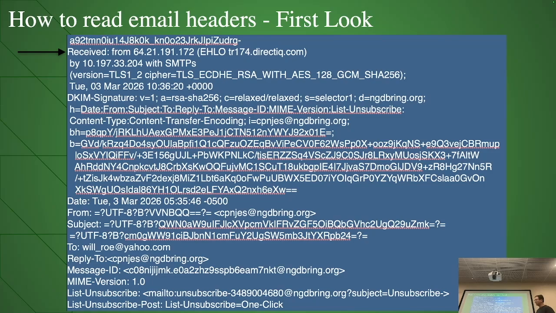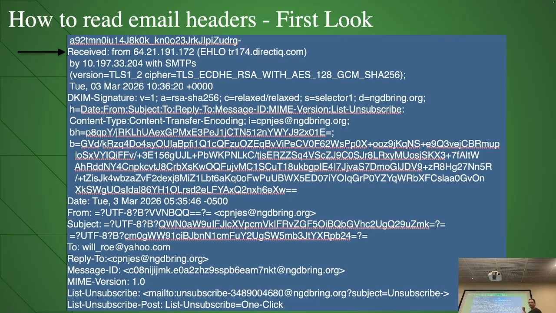more readable. Like you can see, I pointed out the received right there, and when it comes to received, they'll stack. Let's say it comes from a particular person, and that's going to be your first received. But then it's going to go through what MTA, mail transfer agent, it's connected to next, and then the next one, and the next one, until it gets to you.